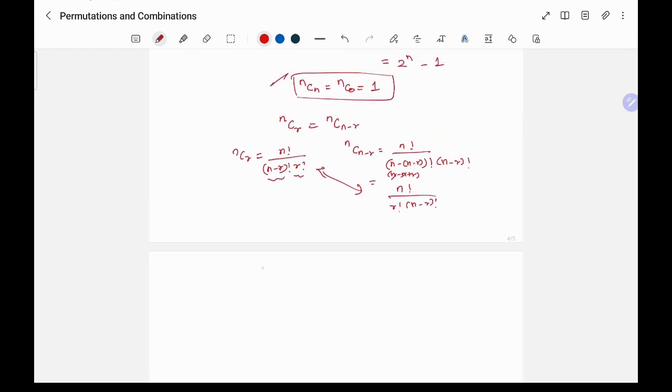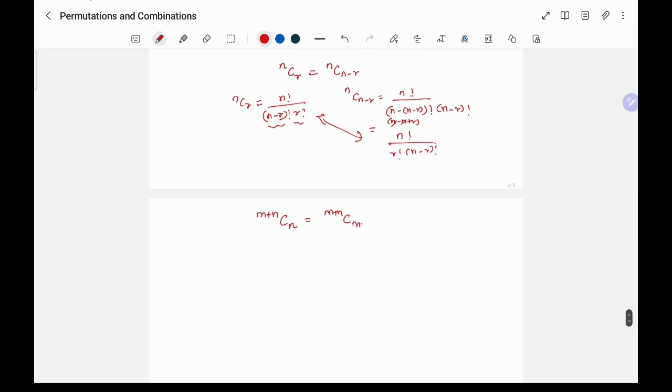As a corollary of this, if I have (m plus n)Cn, then this will be equal to (m plus n)C(m plus n minus n). So n cancels, which is (m plus n)Cm. So if you have the sum of the numbers as the total number, then the number of ways of picking, let's say n of them, and the number of ways of selecting the remaining of them are equal.